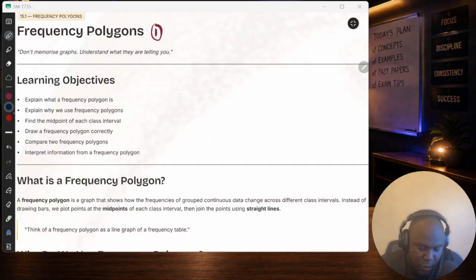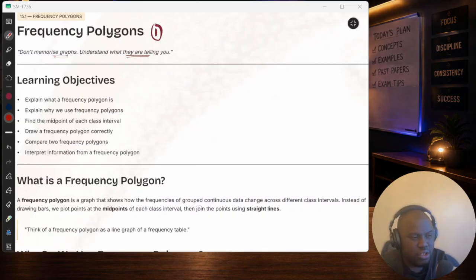So for the frequency polygon, there's one thing I need you to know so that you can be able to draw it. And I'll show you the shape and how to do all that. The first thing is I want you to remember this lesson for the day: don't memorize graphs. Understand what they tell you. At your age now, they need you to understand what each graph tells you.